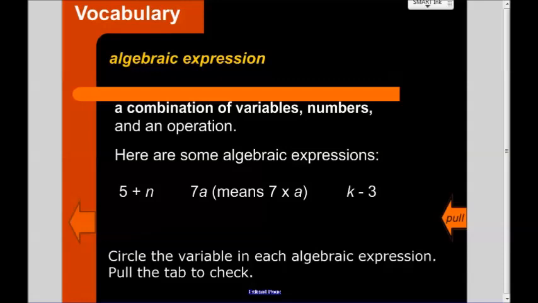In the second one, 7a, this means 7 times a. Remember, we don't use x's anymore when we're in algebra land. If you put the number next to a variable, that means 7 times a. This is 3 times b. If there is no sign, it means multiply, and you usually put the number first.